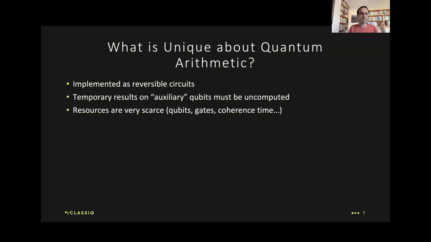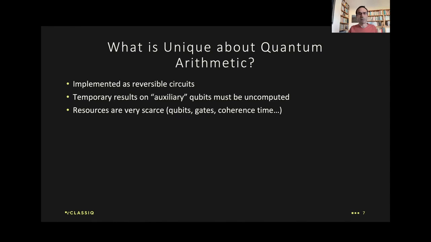That actually is related to the fact that qubits are a very limited resource, and other things are too. So overall number of gates and depth, so coherence time. These resources are very scarce, so they make the problem of implementing arithmetic a completely different problem than in classical computing.